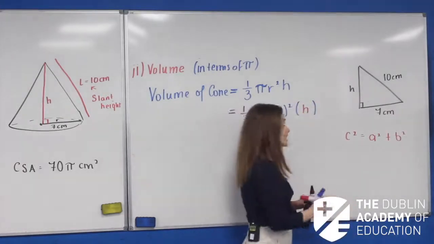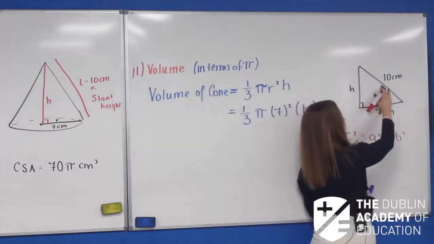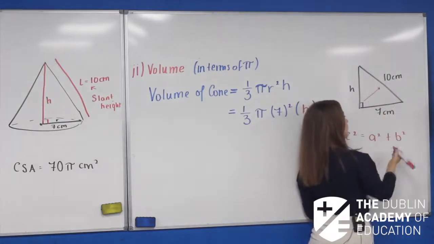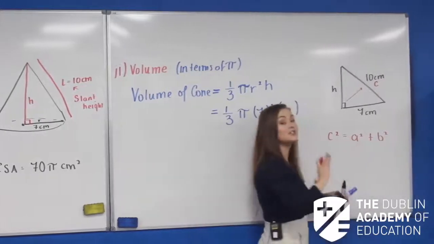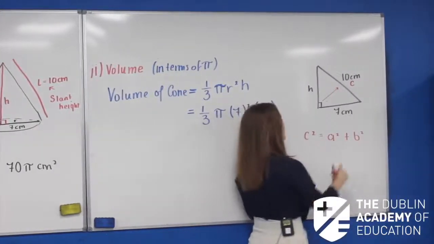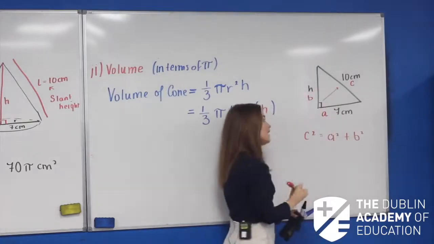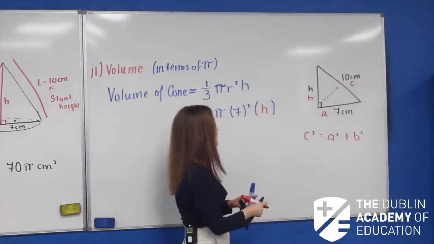Now, take a second and label. C is always the hypotenuse, the side directly across from the right angle. A and B, it makes no difference which I label either. So I'm going to label this A and this B. Okay, so C, your hypotenuse, that's the one you need to be concerned about here.